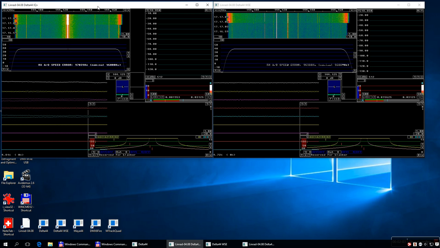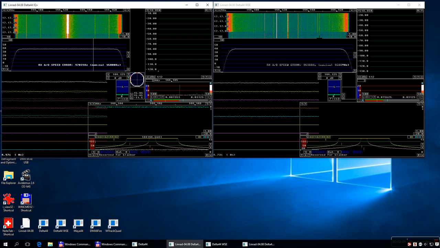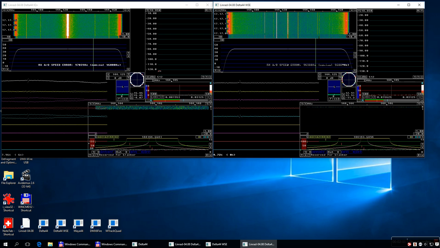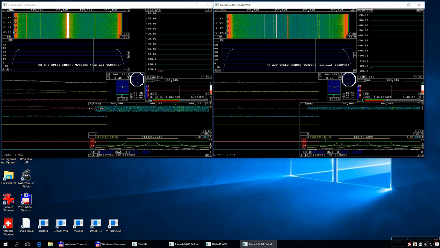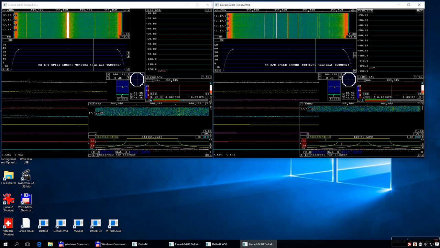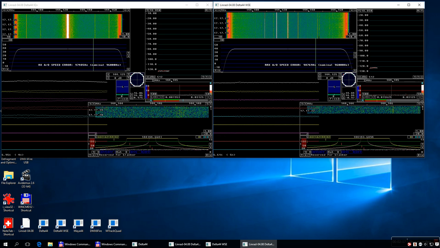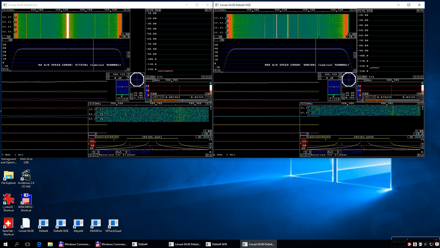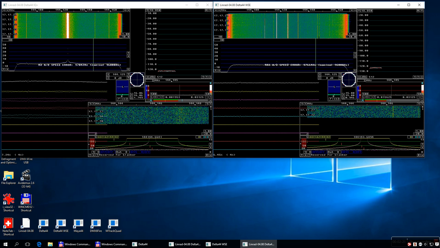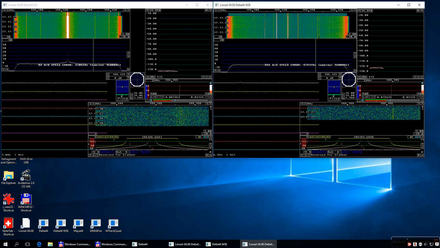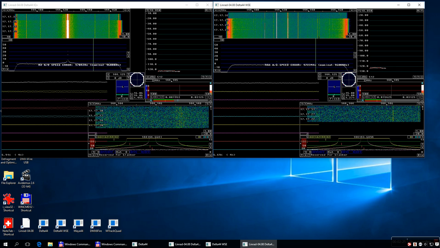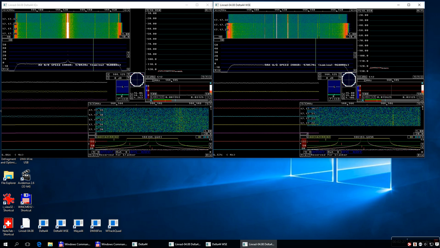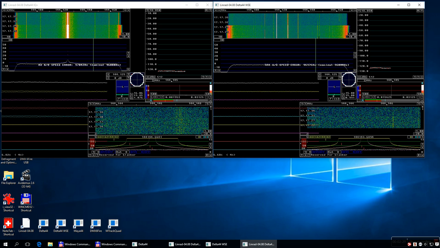So it's about 40 decibels of noise that, if I look here, you can see the S meter coming, and I switch off the noise again. It's 1 dB, or probably a little bit less. So this has been successful.